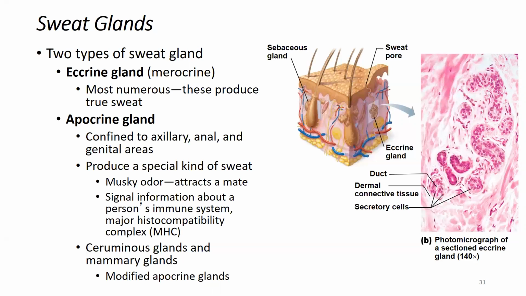The next type of sweat gland is the apocrine gland, and this is confined to areas of the groin region, the armpit region, and then the genitals or the anal region as well. This produces a musky kind of sweat, which is unique to each individual, and it does have some components which are thought to help a person attract possible mates.